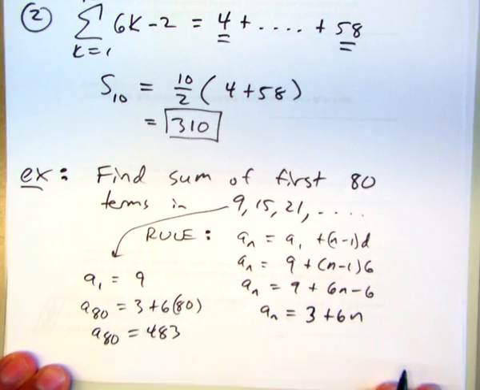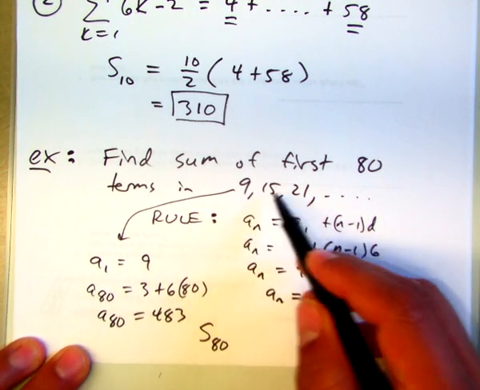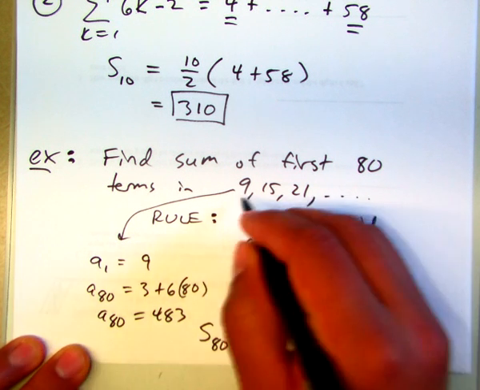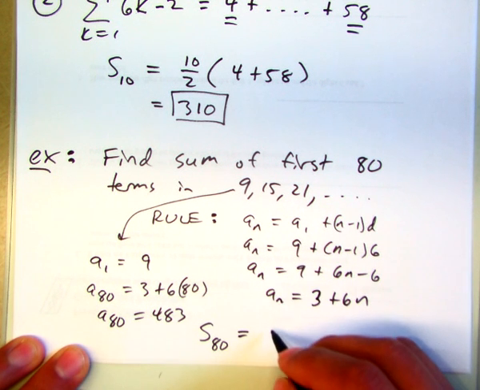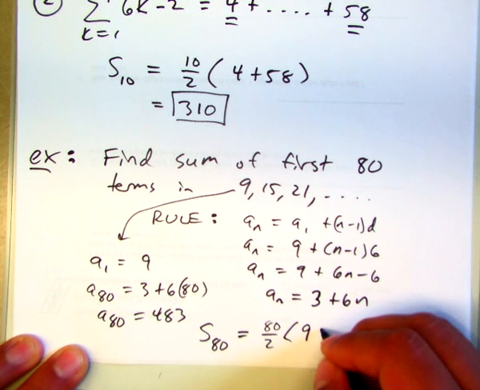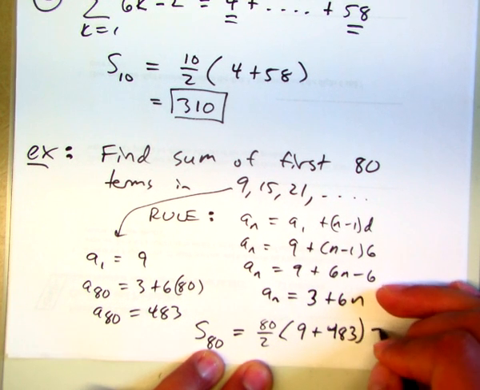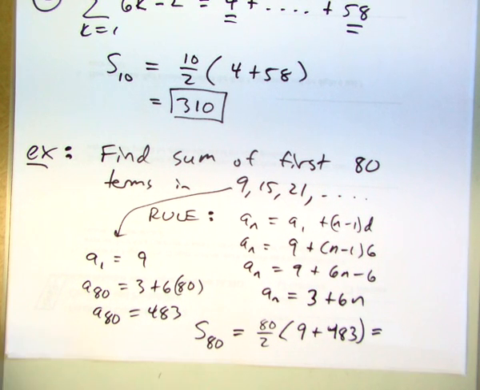So now to find the sum of the first 80 terms in this series, if you add all the terms in the sequence up, you get n over 2, so 80 over 2, times first term, which is 9, plus last term, which is 483. Type that in the calculator, you get 40 times 492. You get 19,680.